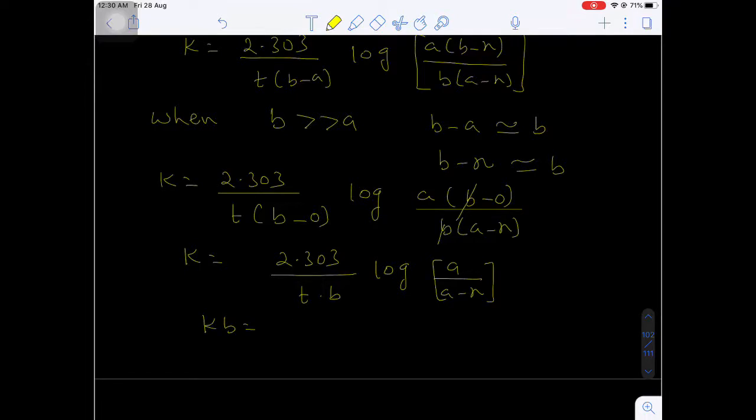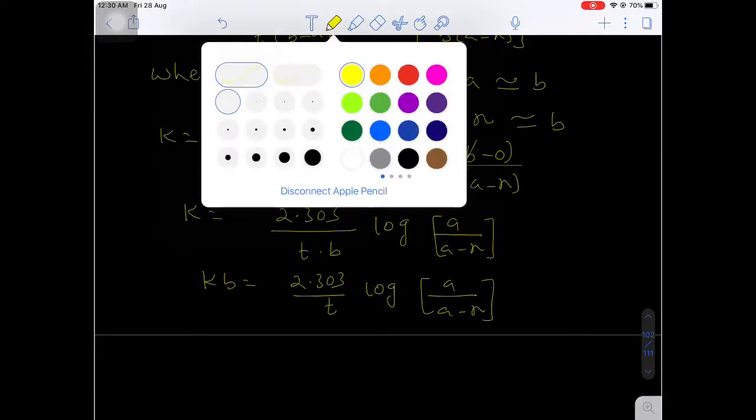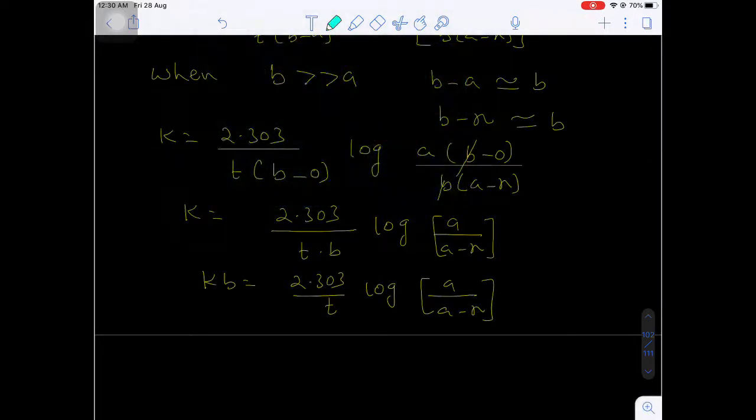So you will get KB equal to 2.303 by T log of A by A minus X. Now K into B, I am taking as another constant, that is K dash. K dash value is equal to 2.303 by T log of A, that is the initial concentration, divided by the concentration of a reactant at a time interval T.